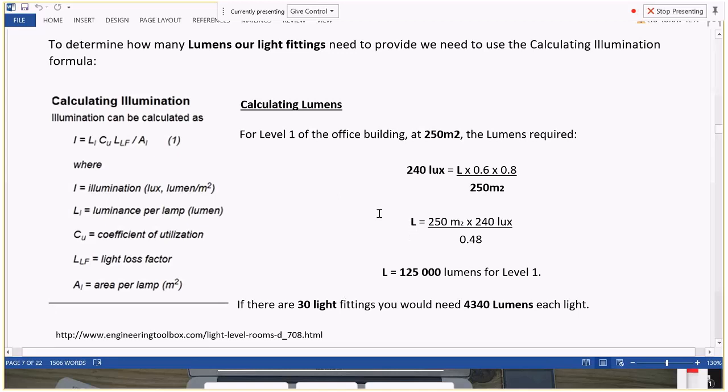Either answer there is fine. So for our work example, using our office space, can anybody tell me what our lux will probably be that we want to achieve?